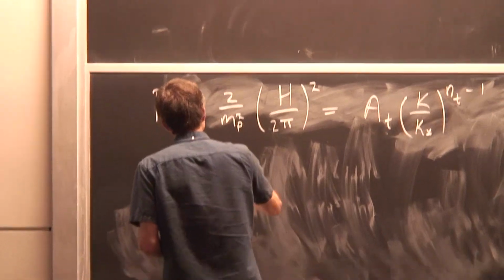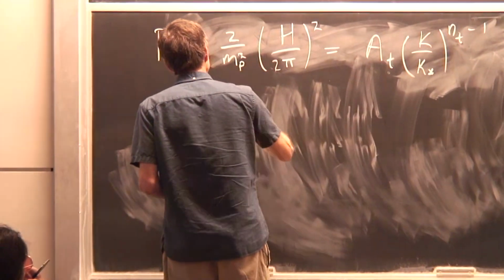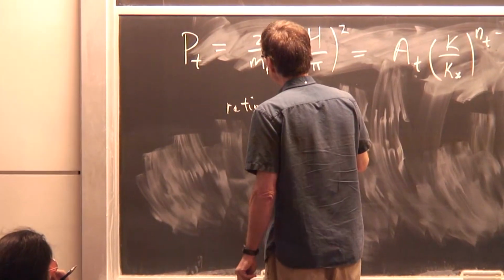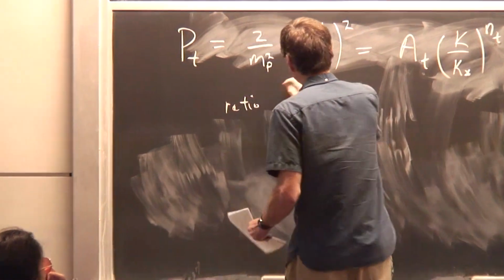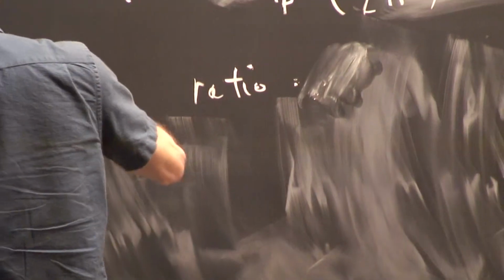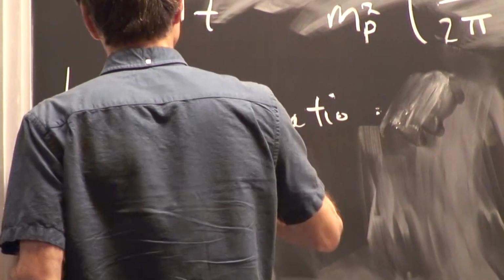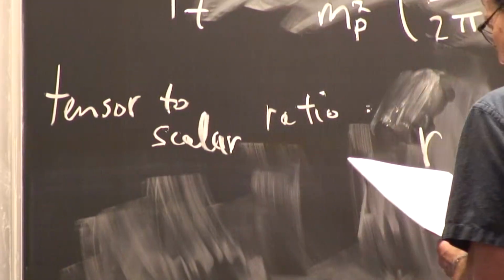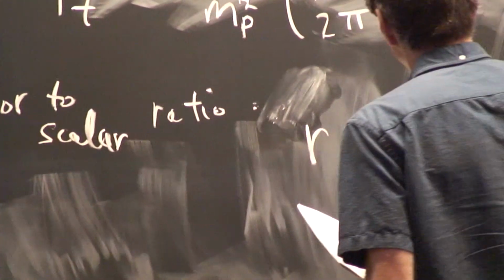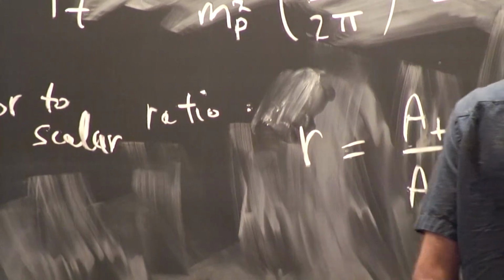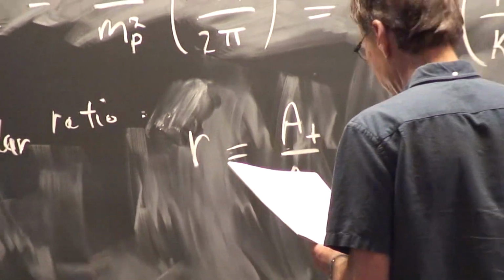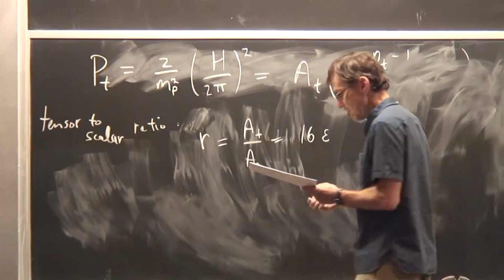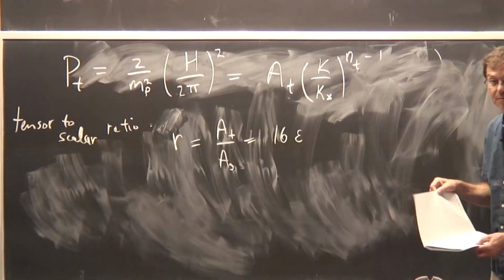So we can compare to the scalar contribution to get a ratio, the tensor to scalar ratio, R, so that's A_T over A_S. And if you just compare these two formulas, it turns out to simply be 16 times epsilon.